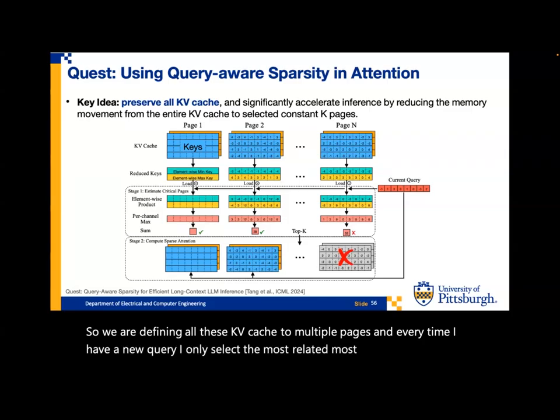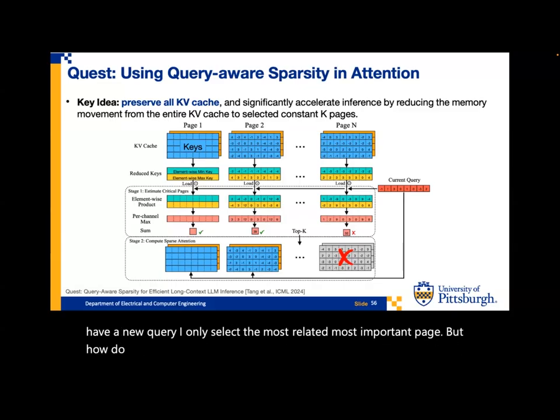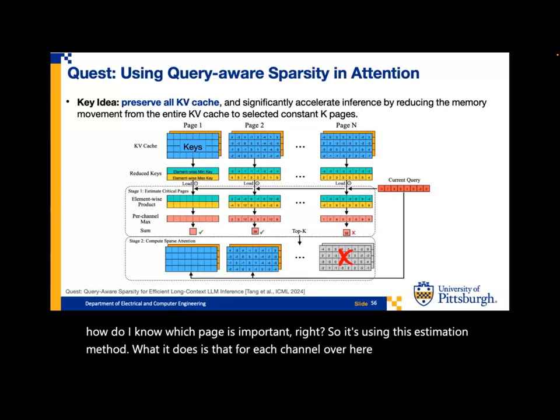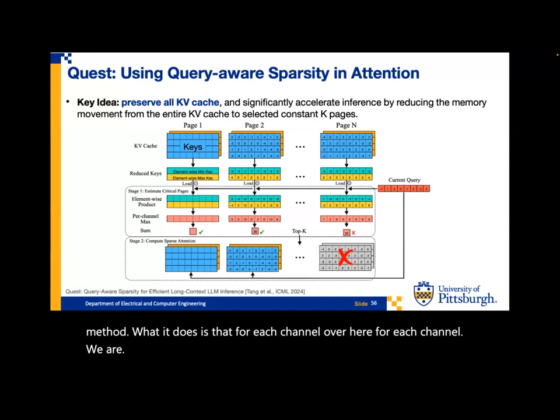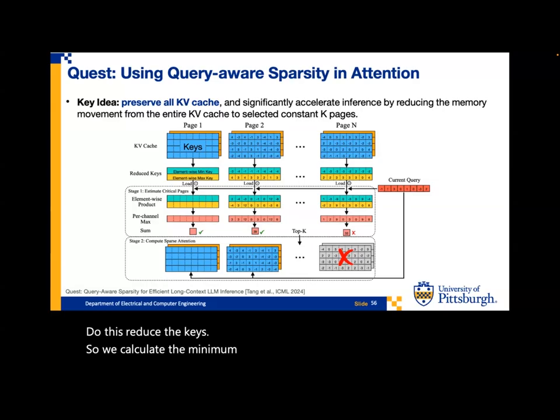But how do I know which page is important? So it's using this estimation method. For each channel over here, we reduce the keys. We calculate the minimum number and the maximum number of this channel.